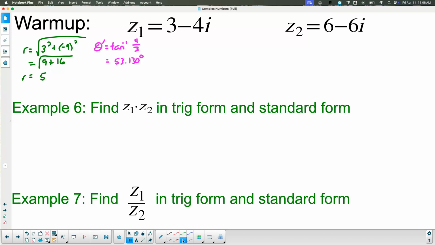But because this is in quadrant 4, actual theta is going to be 360 degrees minus a reference angle. So that's going to be 306.870 degrees.